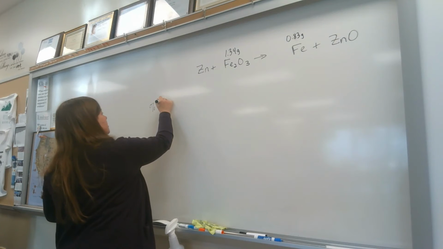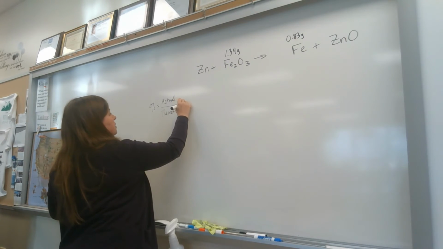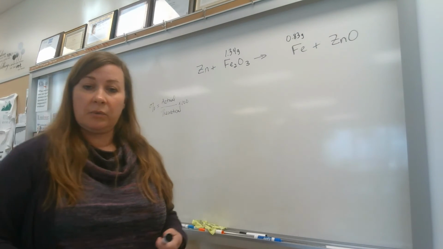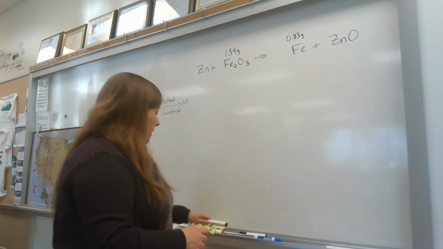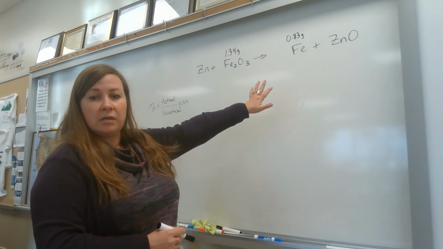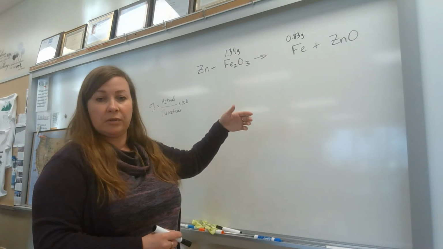Percent equals actual over theoretical times 100. And we know the actual yield is always given in the reaction, or in the question. So the actual yield is going to be one of these two numbers, and the other thing is going to be what we use to find the theoretical yield.